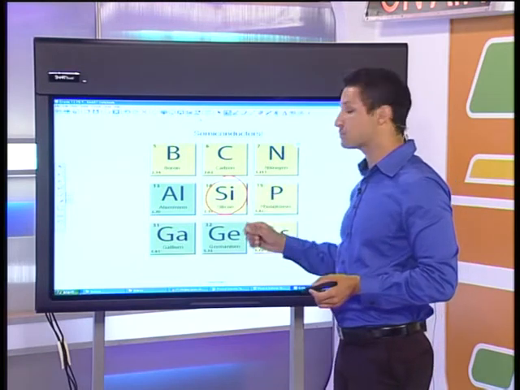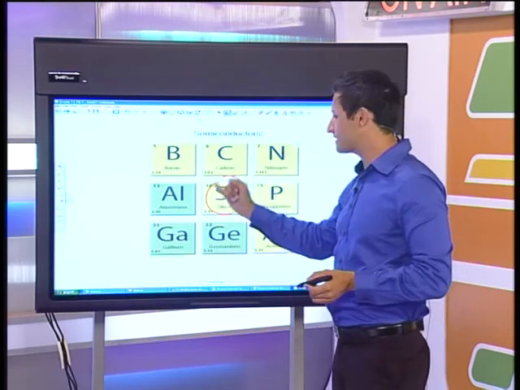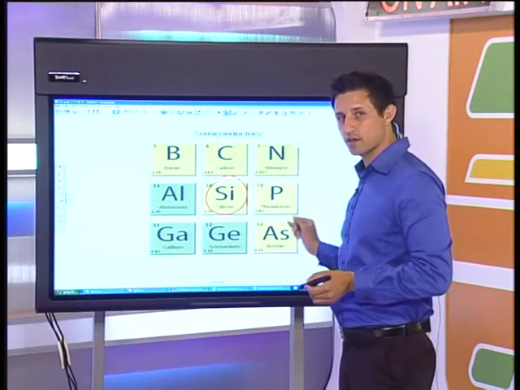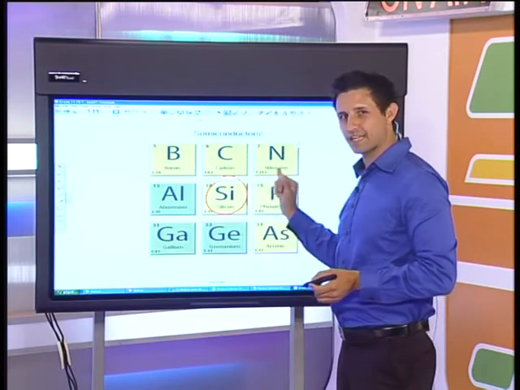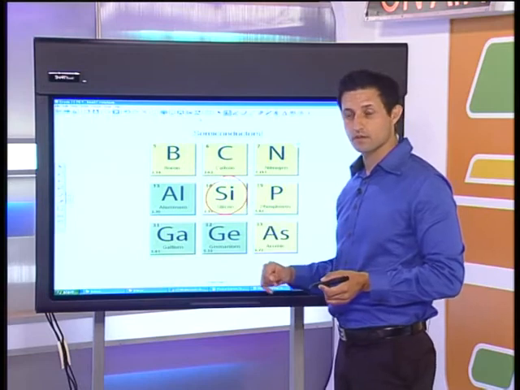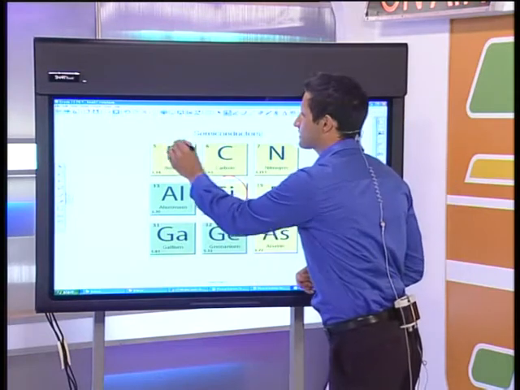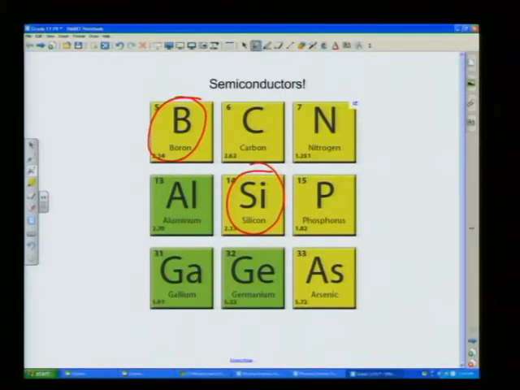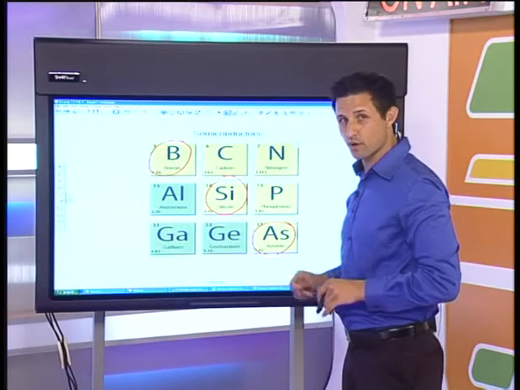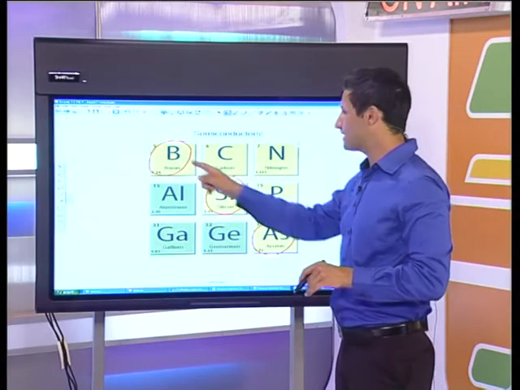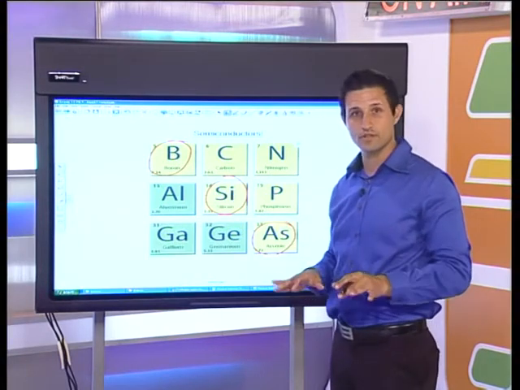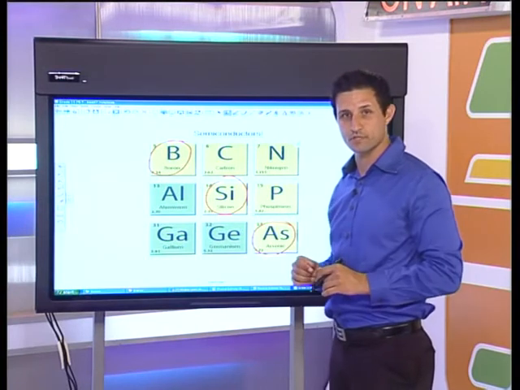What we're going to be doing is we're going to see what happens when I combine silicon with other elements along this line. I'm going to pick elements from the groups next to it. The ones which I've chosen for today's lesson are boron and arsenic. Now, the thing that I know about arsenic and boron is they're both very toxic, but that's not why we're talking about them today. The one thing that boron and arsenic can do is give silicon very special properties.